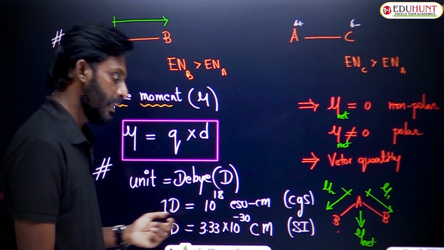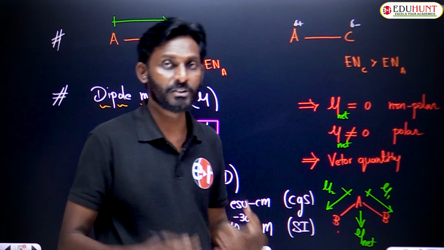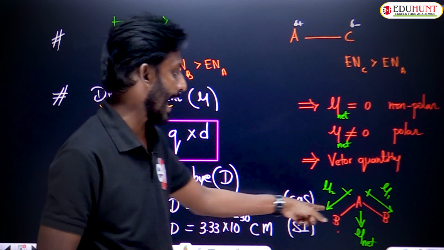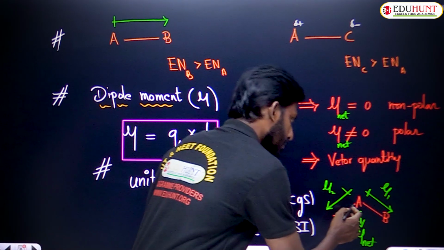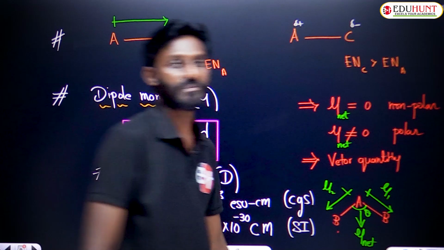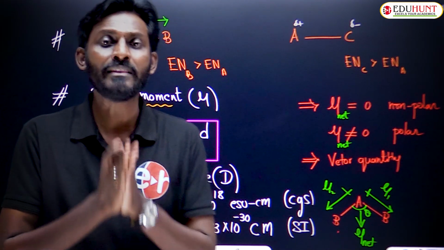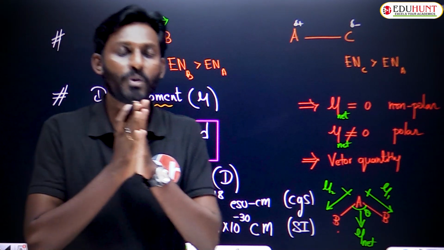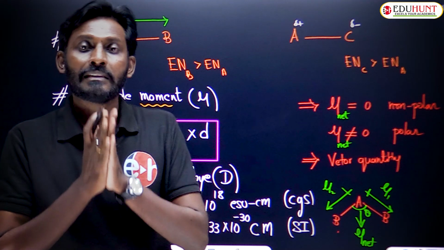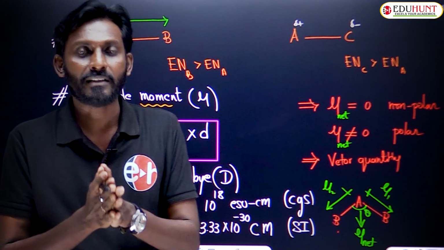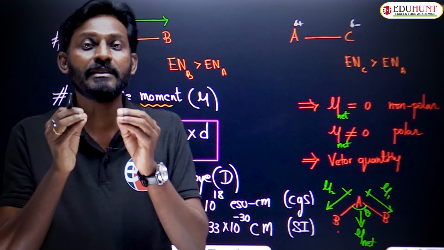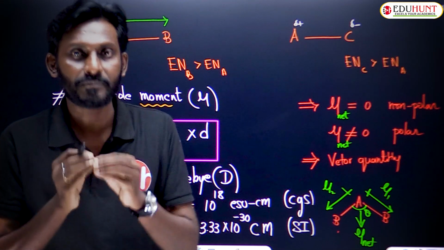So the net dipole moment is going to be 0 or not depending upon the angle between the bonds also. There is a particular angle between these, right? So when there is more than one polar bond, the resultant dipole moment is calculated by vector addition.